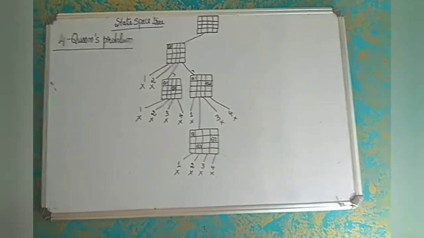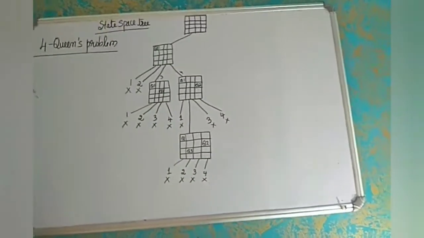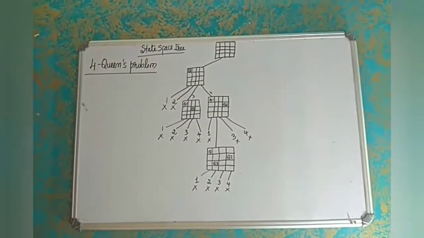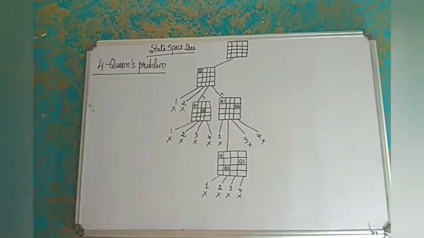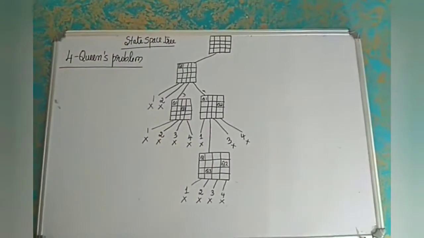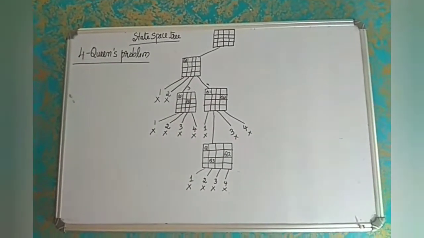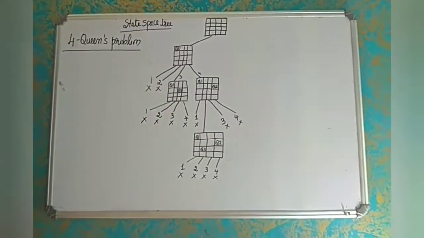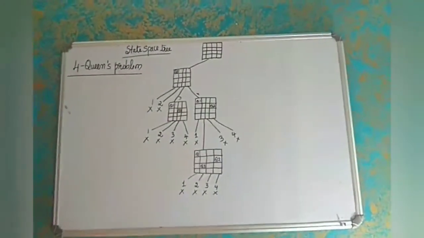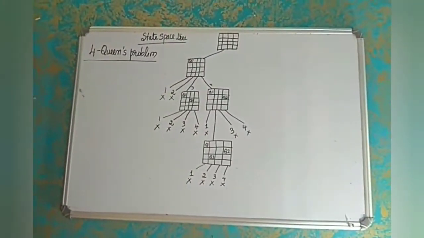So we are clear about the row in which each queen should be placed, but we don't know in which column it should be placed so that the queen will not get attacked by another queen. Actually there are 4 possibilities: you can place the queen in the first, second, third or fourth column. So there are 4 options available.